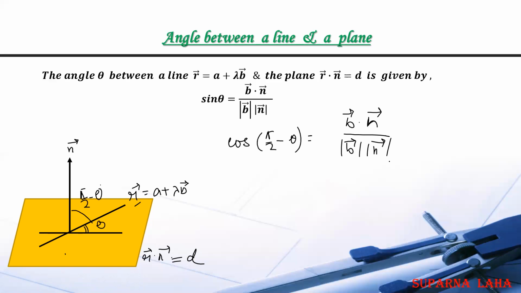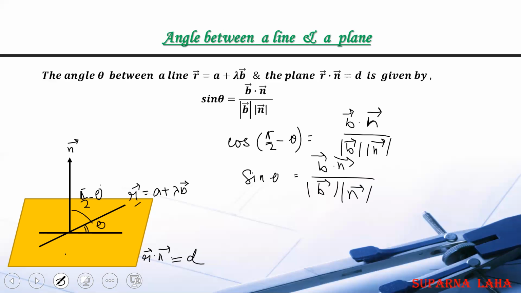So their dot product can be represented like this, and from there you can write down the value. So cos of pi by 2 minus theta, which is sine theta, equals the dot product of b and n by mod b and mod n. Okay, so this is the vector representation.